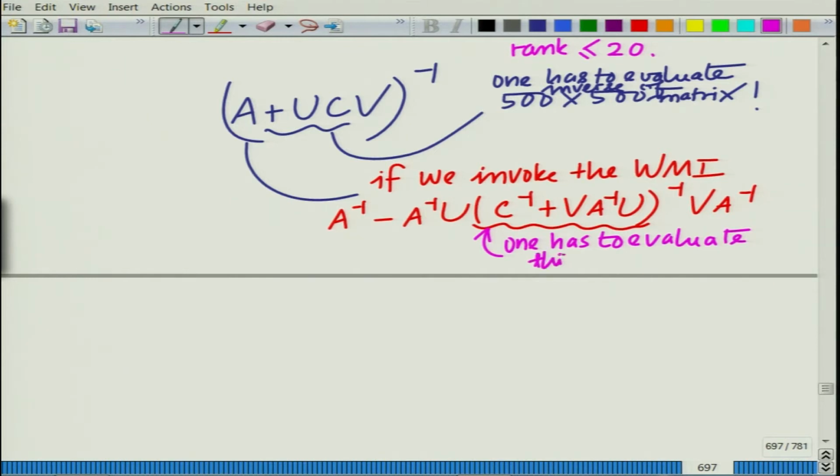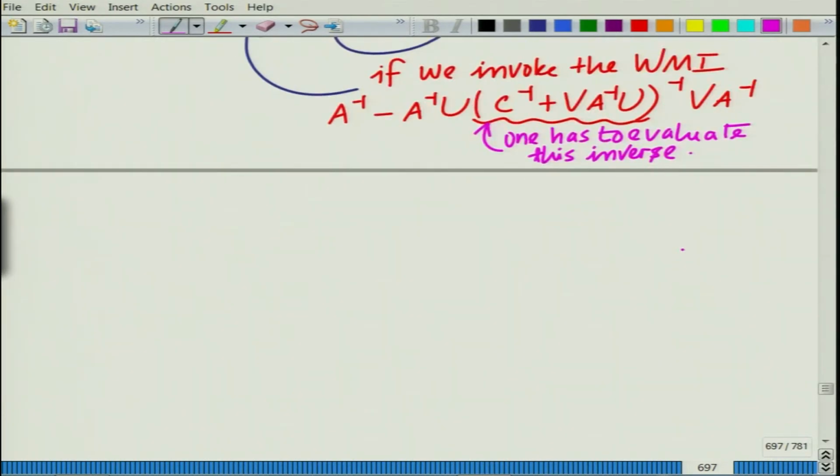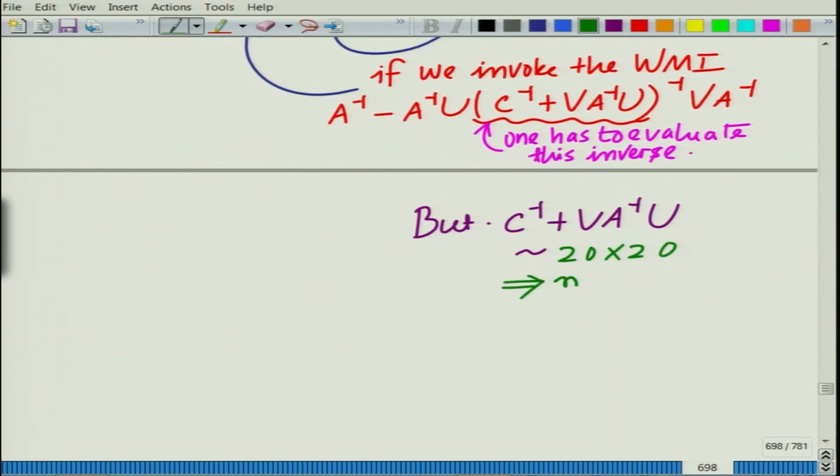If you look at C inverse plus V A inverse U, what is the size? You can clearly see this is 20 cross 20, so this is much easier to invert.